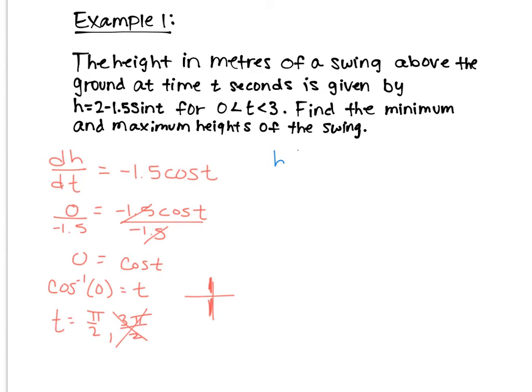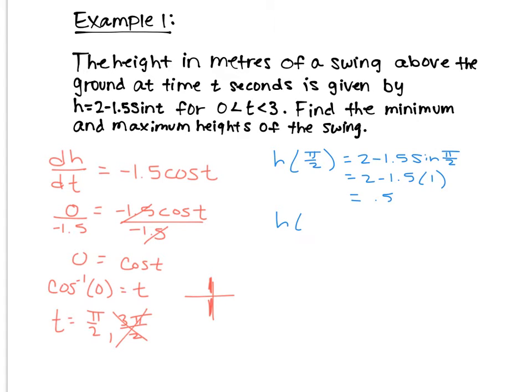So I'm going to plug in first pi over 2 into our original function, 2 minus 1.5 sine of pi over 2. We know sine of pi over 2 is just 1, so 2 minus 1.5 is 0.5. So the height at pi over 2 is 0.5.